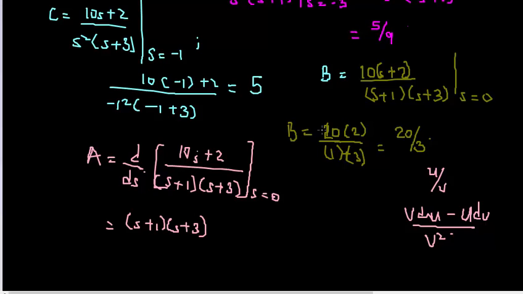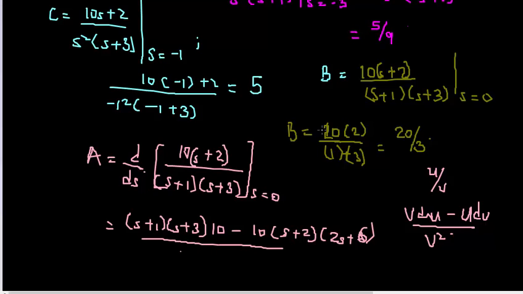If I differentiate 10 into bracket s plus 2, I'll have 10. Minus my u here is 10 into bracket s plus 2. Now if I differentiate v, I'll get 2s plus 6. You can try to do it on a piece of paper to confirm. You get 2s plus 6 over your v squared.